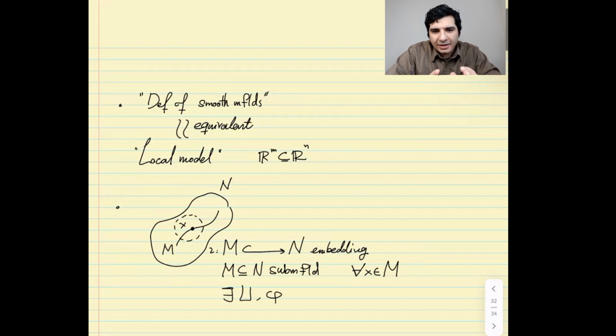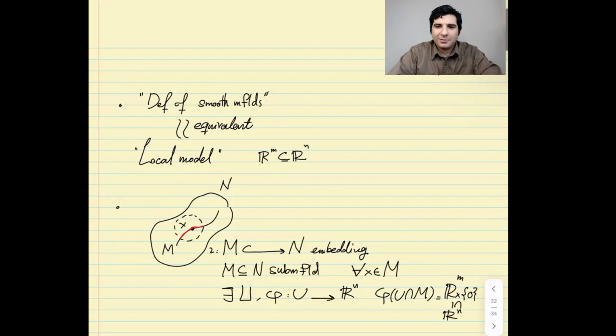And there is a local chart phi that is defined on this small open neighborhood. This chart takes you to an open subset in Rn, where n is the dimension of the ambient manifold. And phi exactly takes the intersection of U and M, this red chunk, to the Rm sitting inside Rn. So in the next video, we will prove this is in fact the case. Okay? Great. So let's stop here.